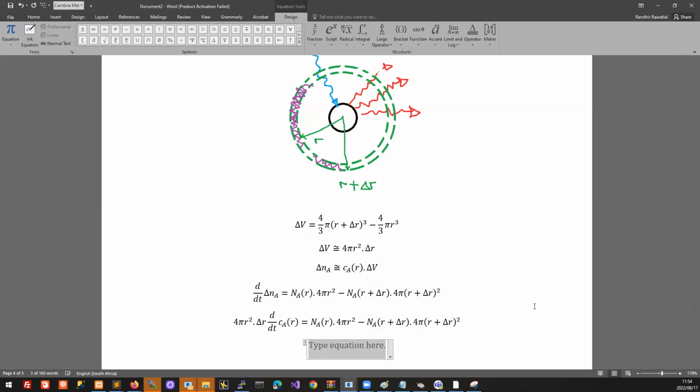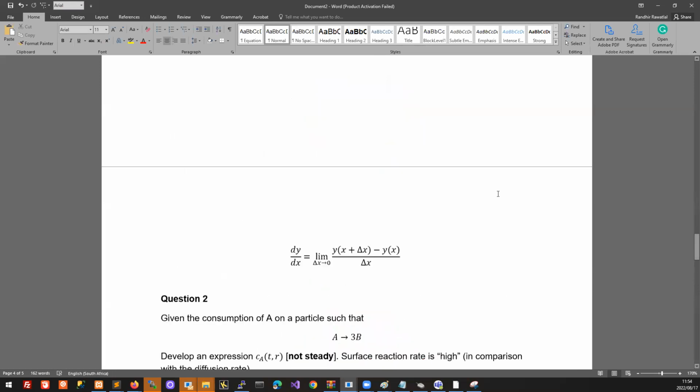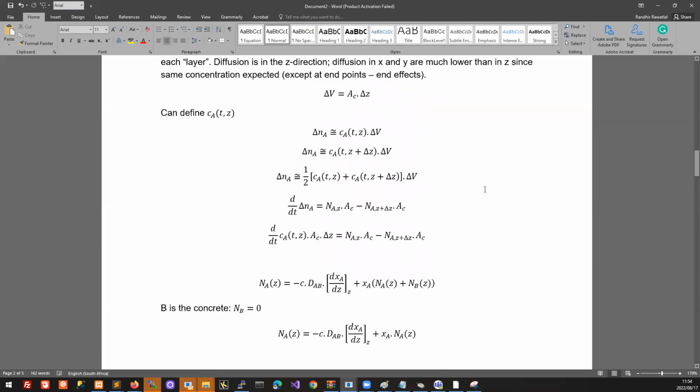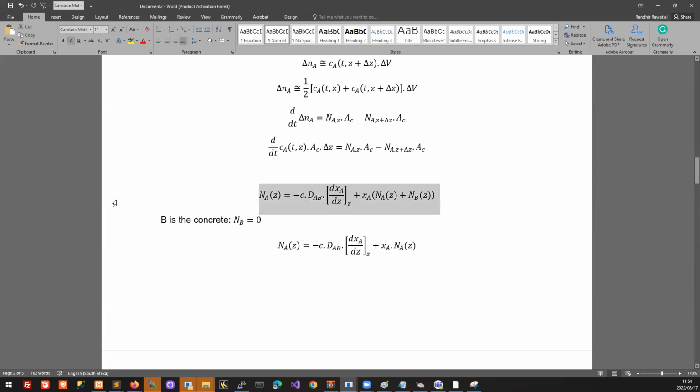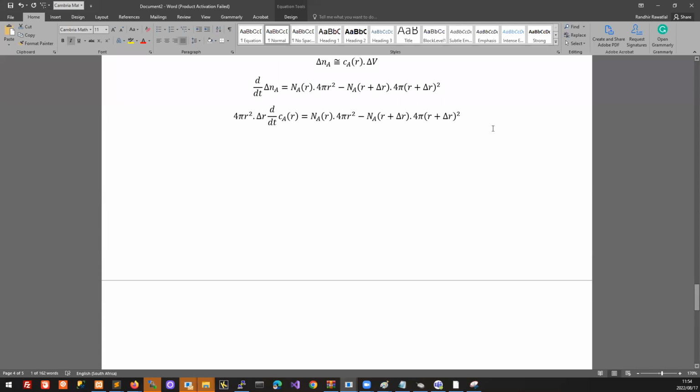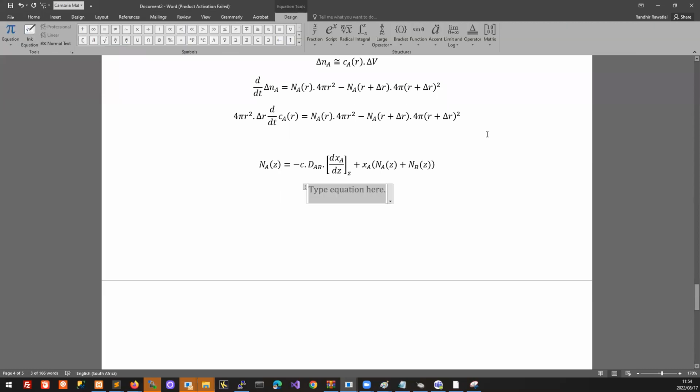So let's go back to our original expression. So we know this always applies, right? This is generally true. So this is what we can say for NA. In this problem, as we established before, NA equals minus NB over 3, right?